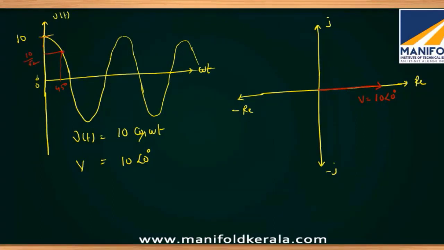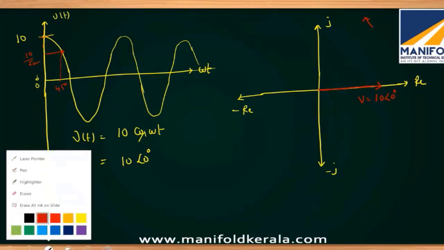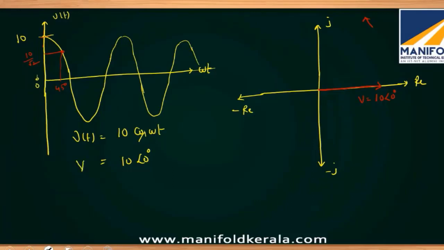That means when this phasor rotates in the anti-clockwise direction by an angle of 45 degrees, how will it look? It will look like this. It has rotated 45 degrees in the anti-clockwise direction.